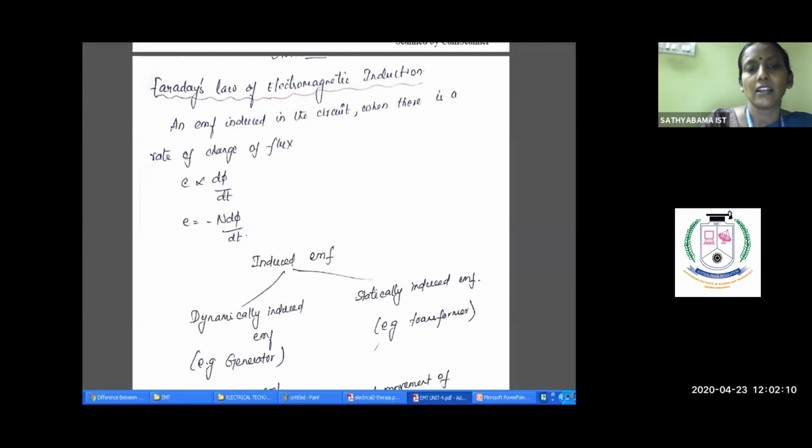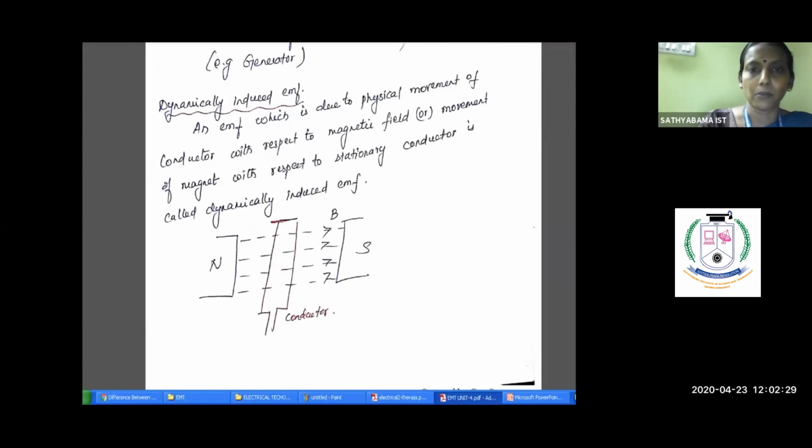In such cases, whatever voltage is induced, I call it dynamically induced EMF. In statically induced EMF, both the conductor and the magnetic field remain stationary. An example for dynamically induced EMF is the generator. An example for statically induced EMF is the transformer.